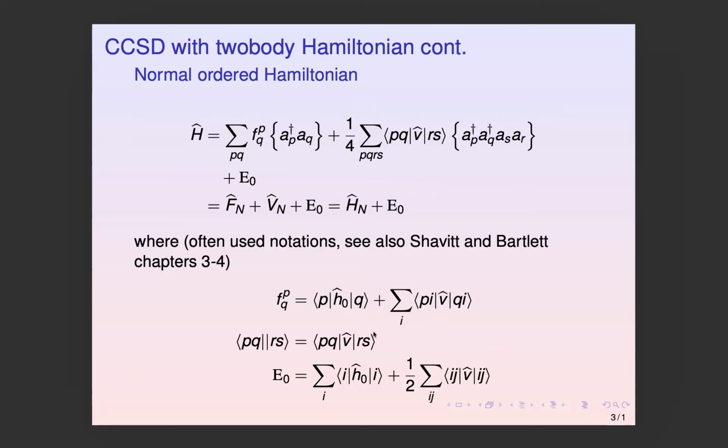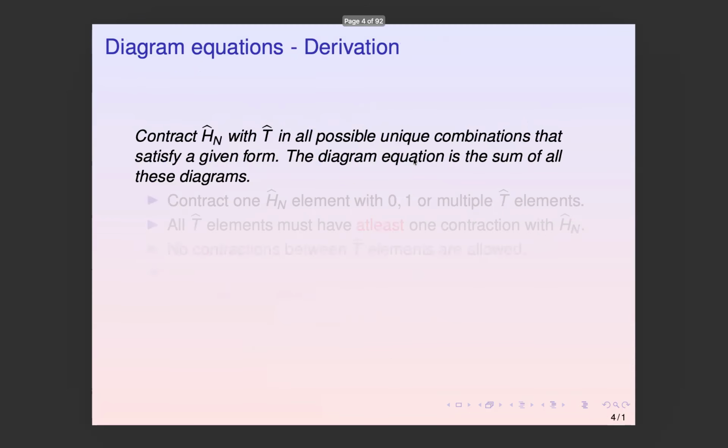And you will often see a notation like this one. That stands simply for the anti-symmetrized two-body integrals. So we skip all the AS. We assume now that these are anti-symmetrized operators. Now, if you look at this H of n, what you typically do, and this is just a repeat of what we did, is contract H of n with 0, 1, or multiple T elements.